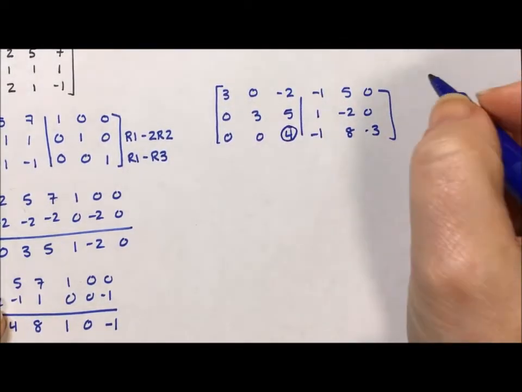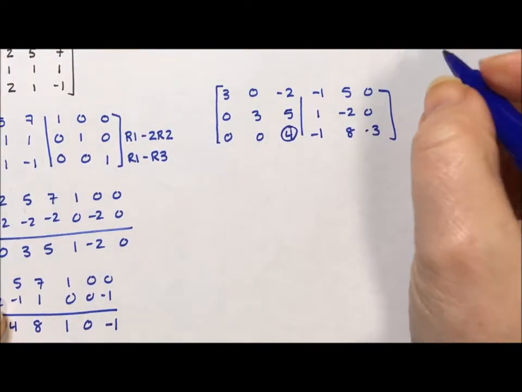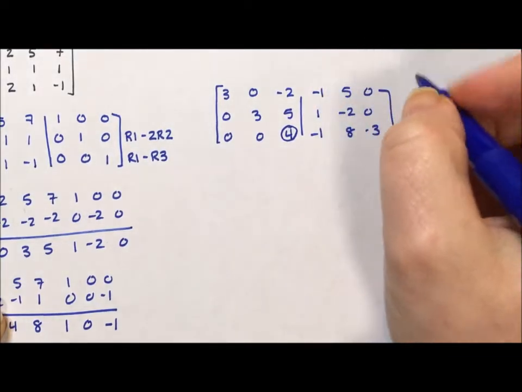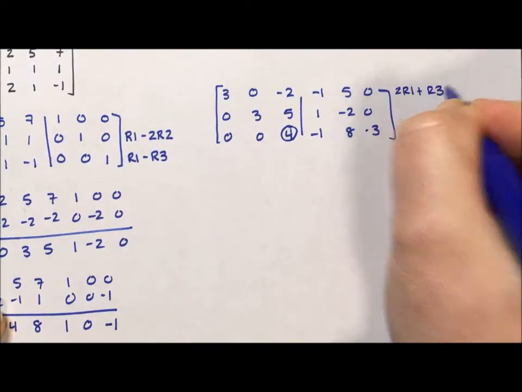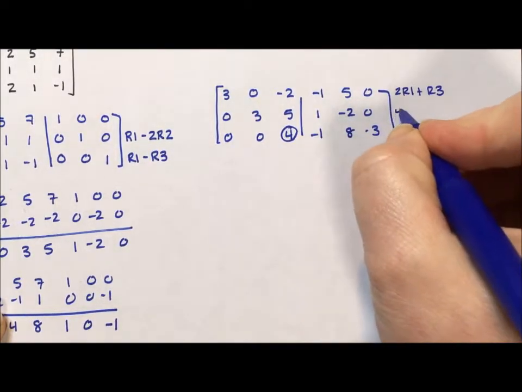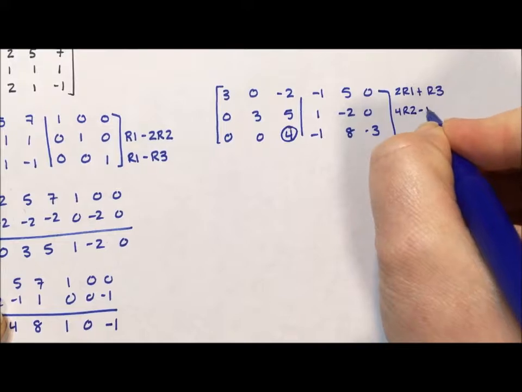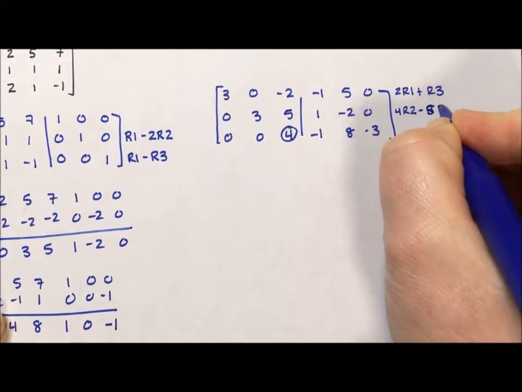When I pivot on this 4, I'm going to say 2 times row 1 plus row 3, so the 4 can eliminate the 2. And then 4 times row 2 minus 5 times row 3.